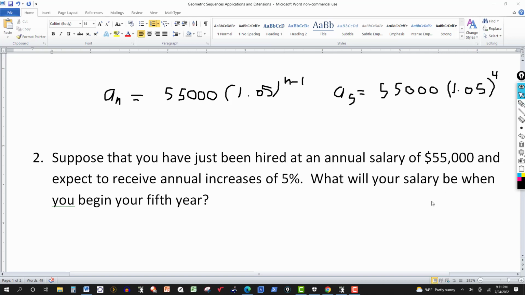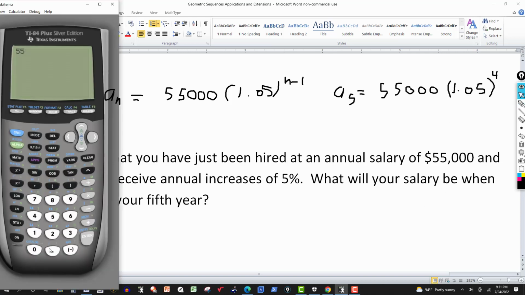And then you just compute this out. So we have 55,000, and then parentheses 1.05, and then raised to the 4th power. And there we have it.